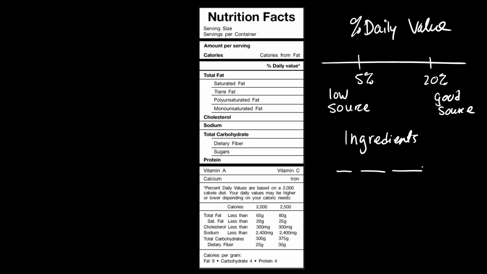If the first ingredient was, for example, whole wheat, that would mean that that product or that grain, if you're looking at whole wheat bread, for example, is a good thing. If you found, for example, that in a whole wheat bread, the first ingredient was enriched wheat flour and not whole wheat flour, then you know that it's something that has more refined grains than it has whole grains. And that's the nutrition facts label.